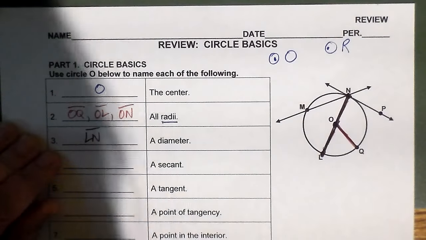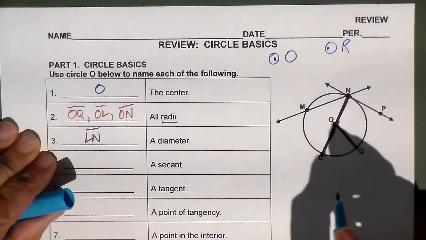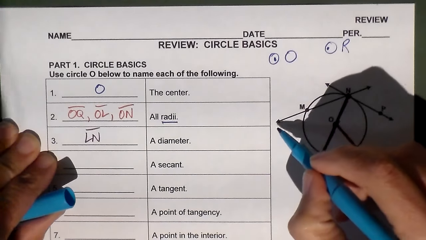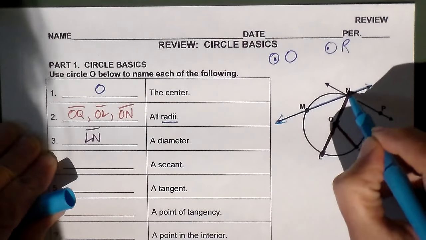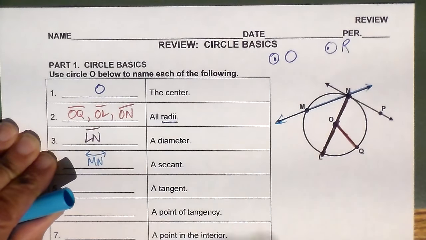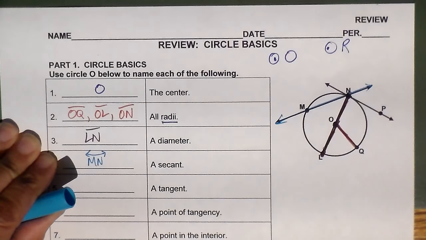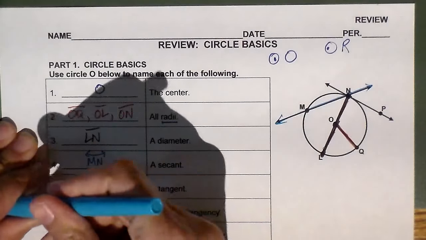Okay? All right, so let's look at a secant. Remember, a secant is a line that passes through the circle but doesn't stop on the circle. So the only secant we have is line, not segment, but line MN. If I say segment MN, then I'm talking about just the chord. But I'm talking about line MN, the entire secant.